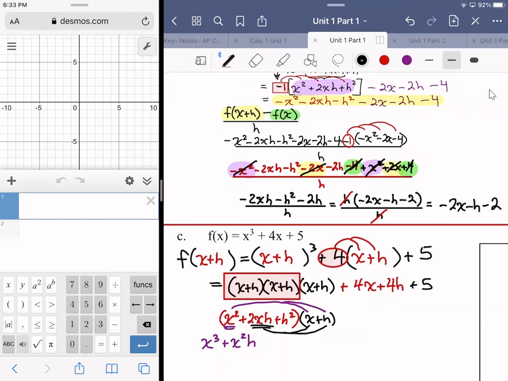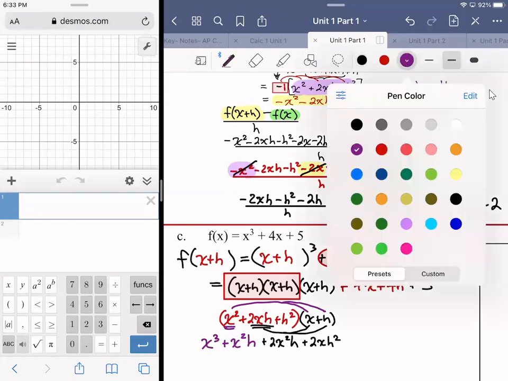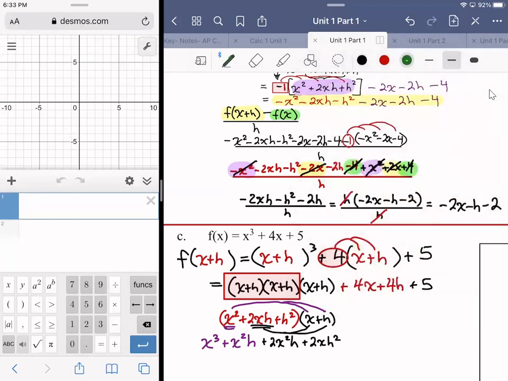So 2xh multiplied by x would be 2x squared h. 2xh times h would be 2xh squared. And then finally, I'm going to go with a nice green for those keeping score at home.